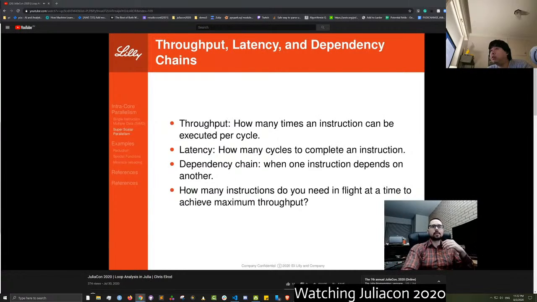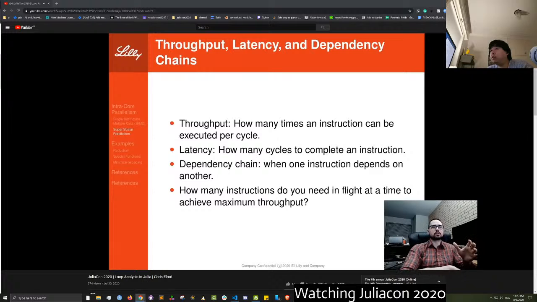Now, the other major component of intra-core parallelism is superscalar parallelism, which is that multiple instructions can be executed at a time, and that many can be in flight at a time. So on one hand, we had SIMD, which is that each instruction is working on multiple elements of data.